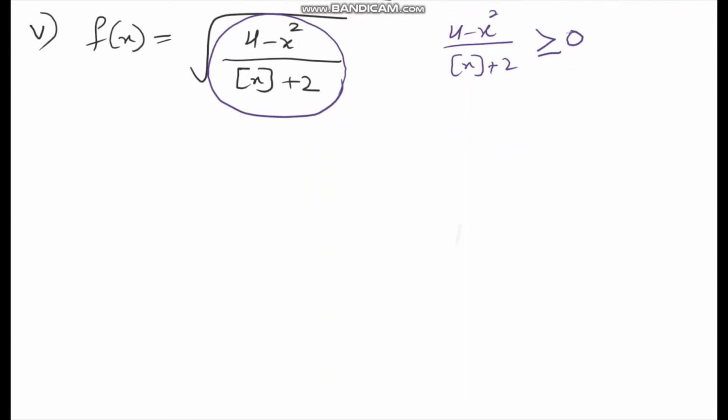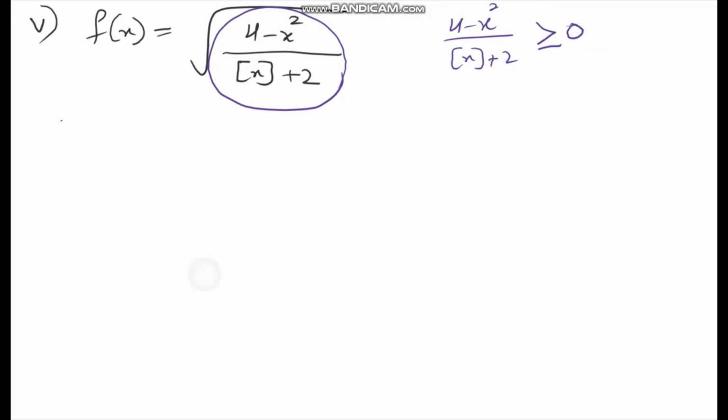This is true when we have two cases. The first case is that 4 minus x square is more than or equal to 0 and step x plus 2 should be more than 0. Step x plus 2 should not be equal to 0, because if it is 0 then it will be undefined.